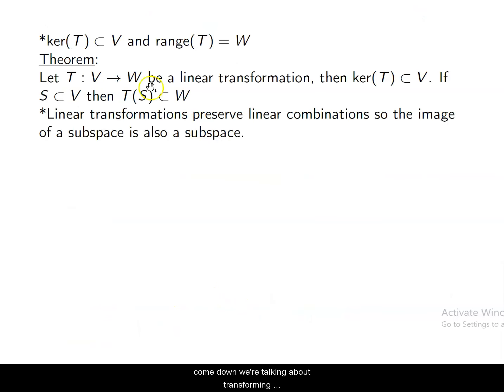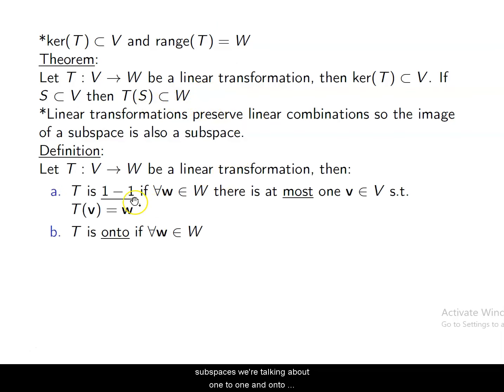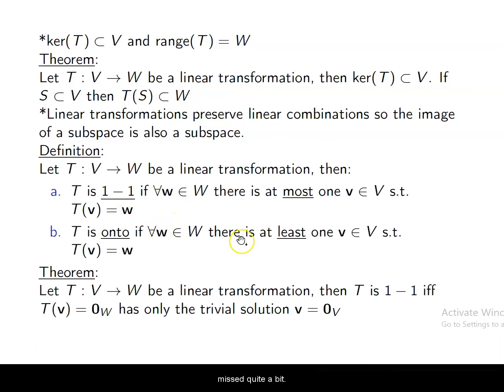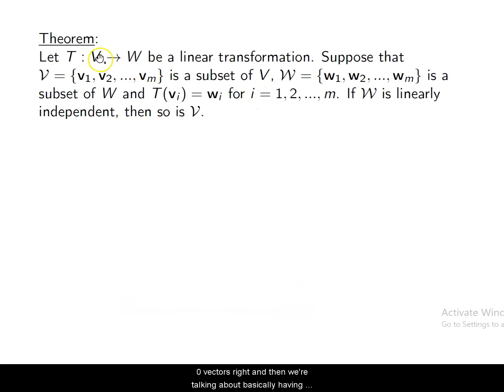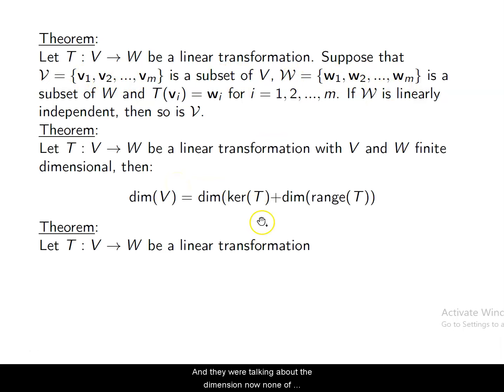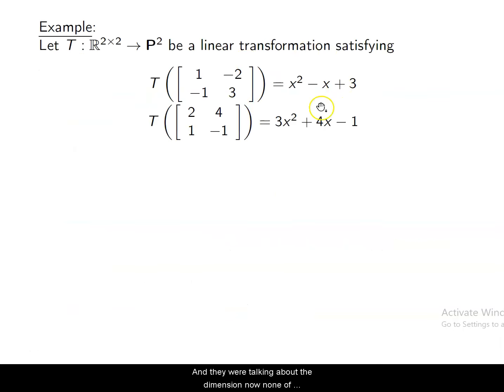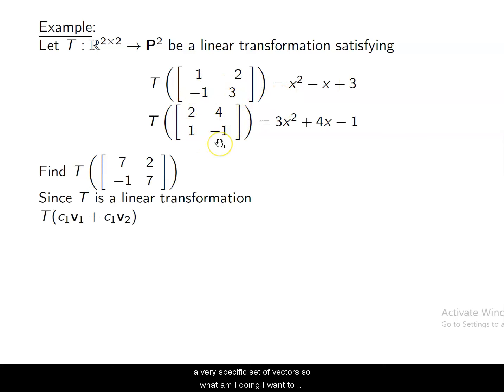And as we come down, we're talking about transforming subspaces, one-to-one and onto-ness quite a bit, zero vectors, and then a set of vectors that is one-to-one and onto between themselves, and then the dimension. Now, none of that really helps here. We're not talking about a zero vector. We're not talking about one-to-one and onto here. We're not talking about the range. We are, but not specifically, because we have a very specific set of vectors.